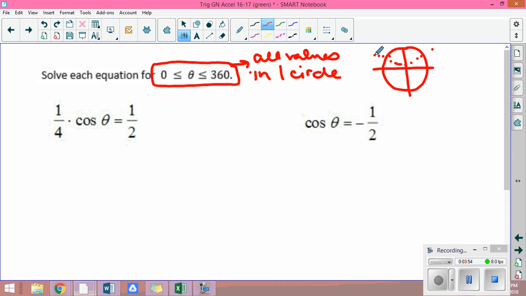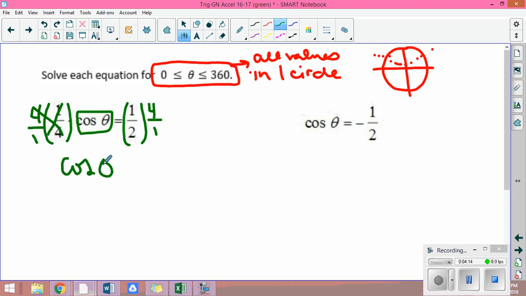So when we come in here, we want to solve for our trig ratio. So we undo multiplication by 1/4 by multiplying by the reciprocal, because dividing 1/2 by 1/4 is kind of messy. These cancel, so I have the cosine of theta is equal to 2. Now my first thought is, well, cosine is positive in quadrants 1 and 4.